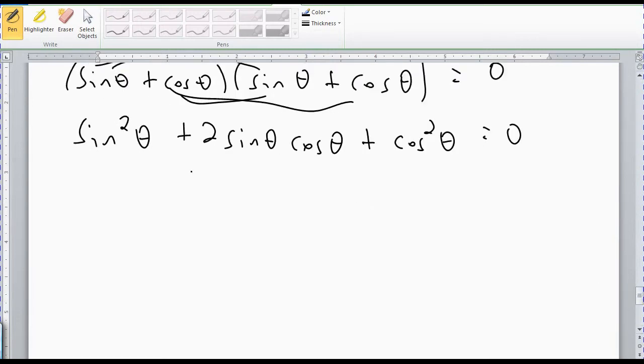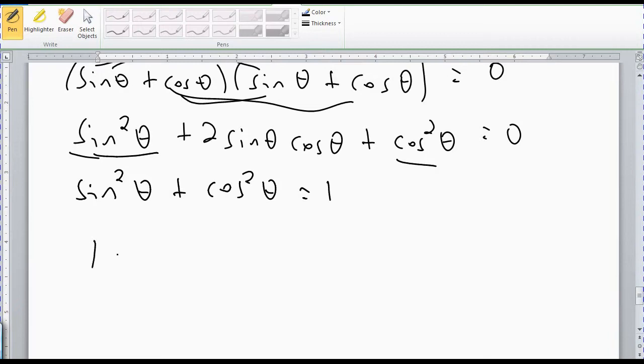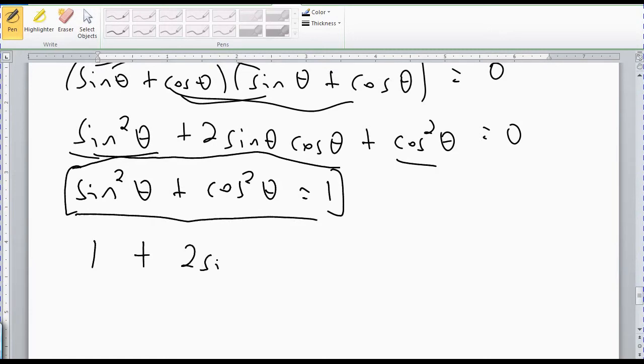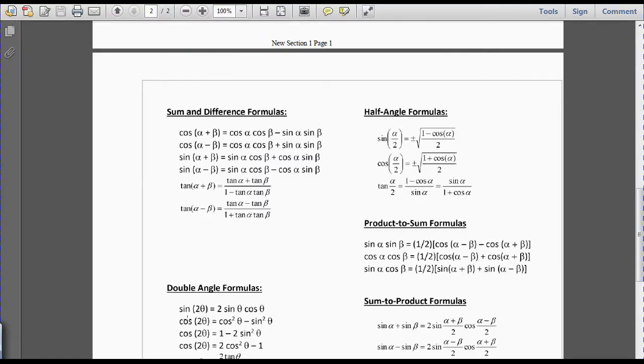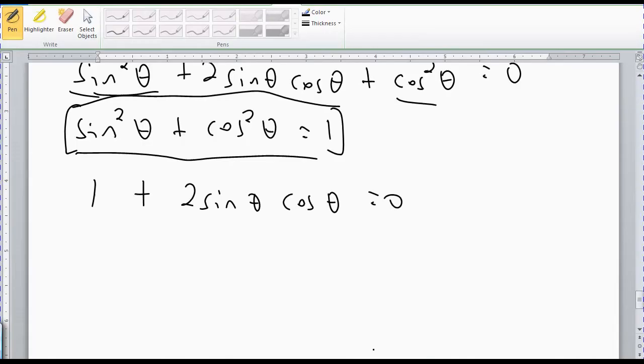And now, if I rearrange these terms, sine squared plus cosine squared theta is equal to 1, which means this and this becomes 1. I'll just write down what I'm thinking in here. So I have 1 plus 2 sine theta cosine theta equals 0. 2 sine theta cosine theta, I've seen that before because it's right down here. 2 sine theta cosine theta is sine 2 theta.